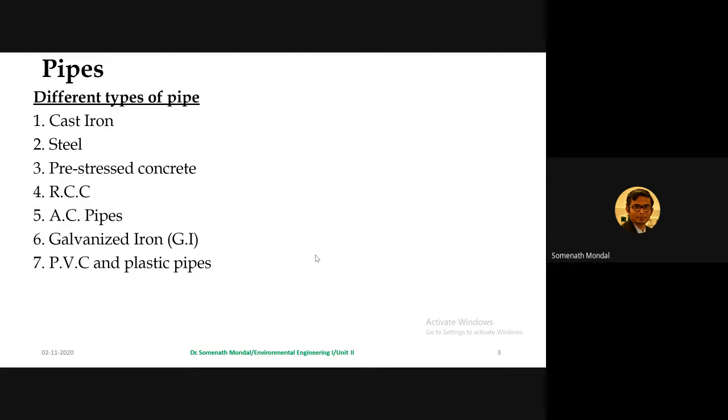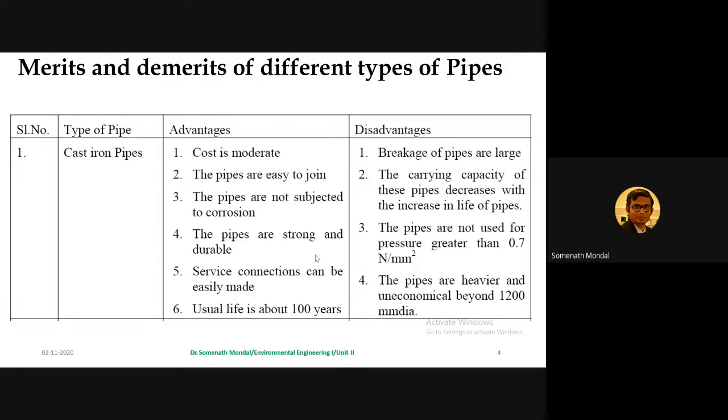In some places you will see that utilization of RCC pipes would be huge. In some places GI pipes would be huge. In some cases PVC pipe or plastic pipes will be huge. So that depends again. So we'll now talk about the different advantages and disadvantages of different types of pipes.